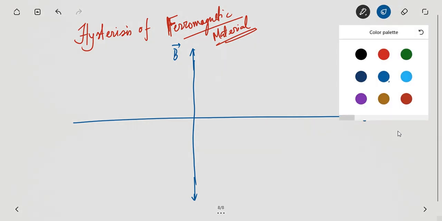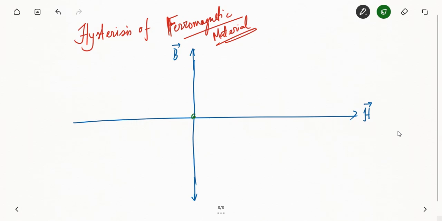Here is the important part. We start from the zero point. At the zero point there is no current, so there is no magnetic field. When a magnetic material is placed inside a solenoid, it gets a magnetic field or magnetization.